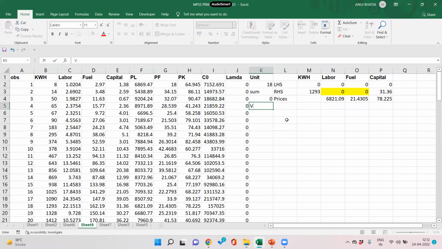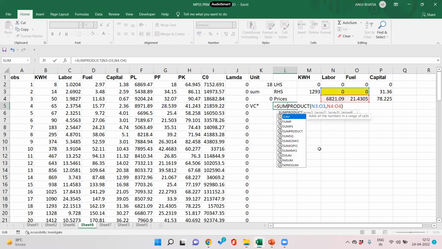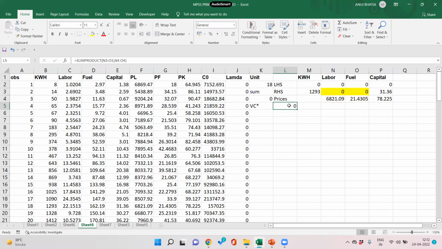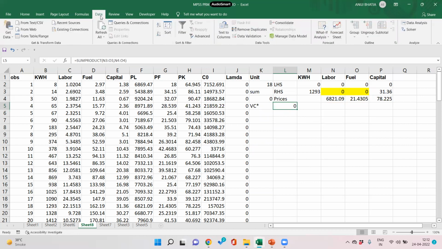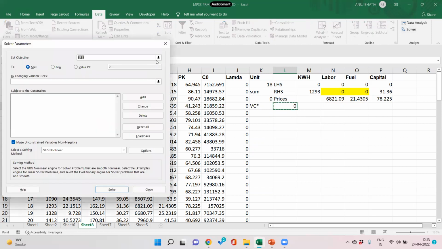Variable cost is our objective function, where we need to minimize variable cost, which is equal to the sum product of variable inputs and prices. So we have set the entire function, the entire ingredients for solving the linear programming.